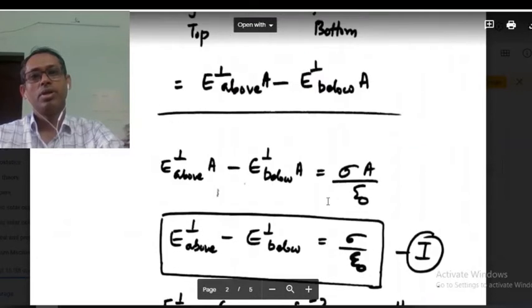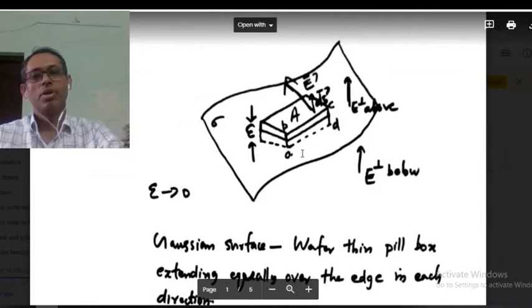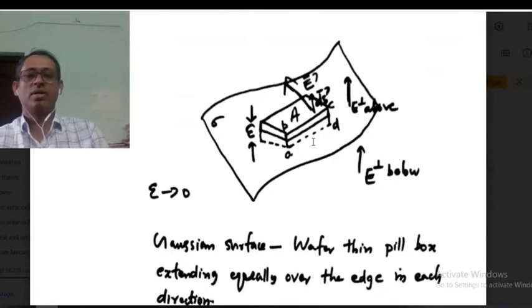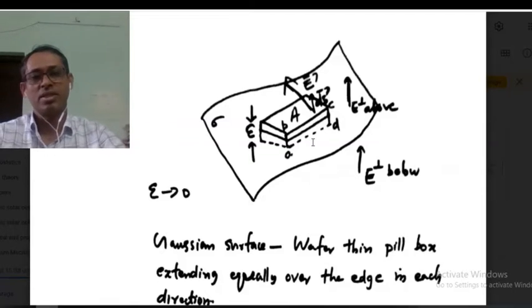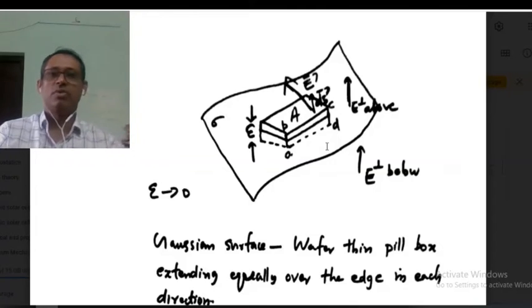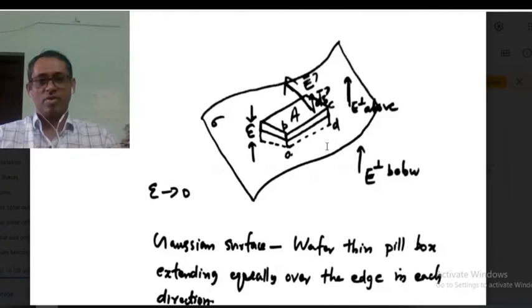So here, for this box, I am considering a rectangular path, A, B, C, D. Half of the path is above the surface and half of the path is just below the surface.